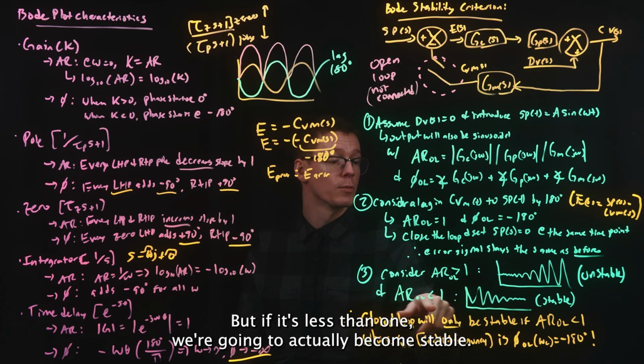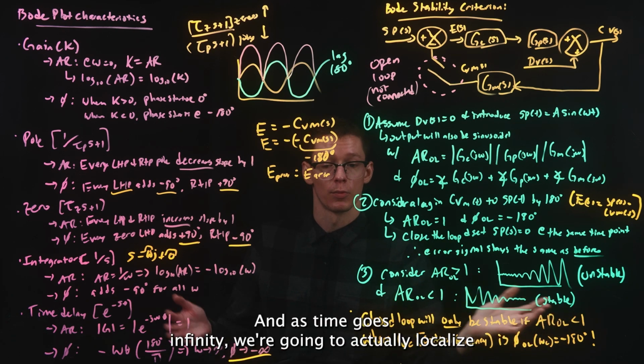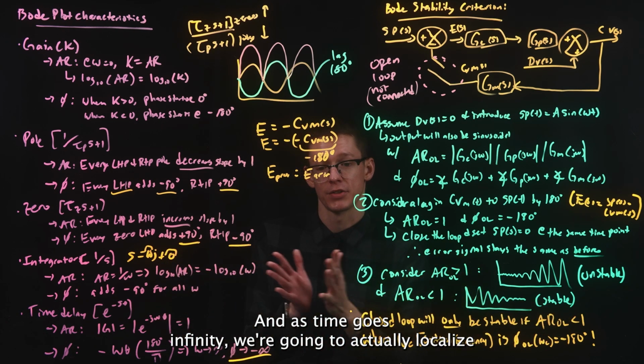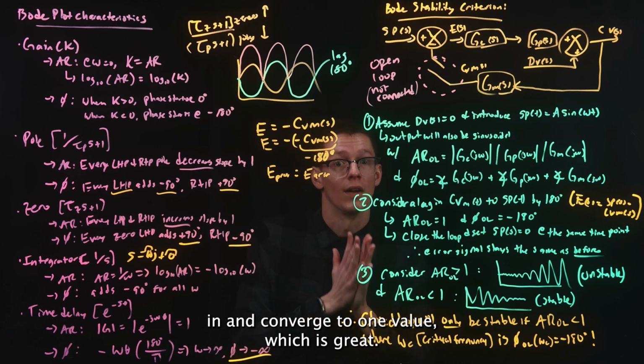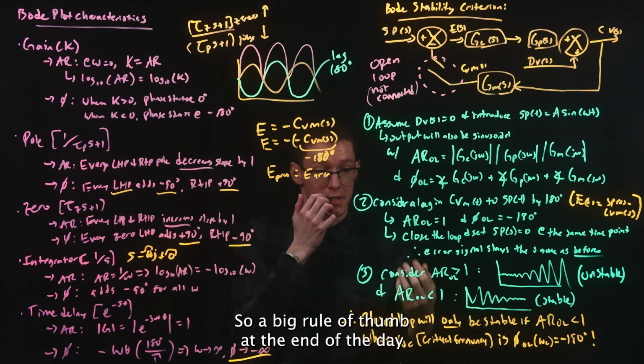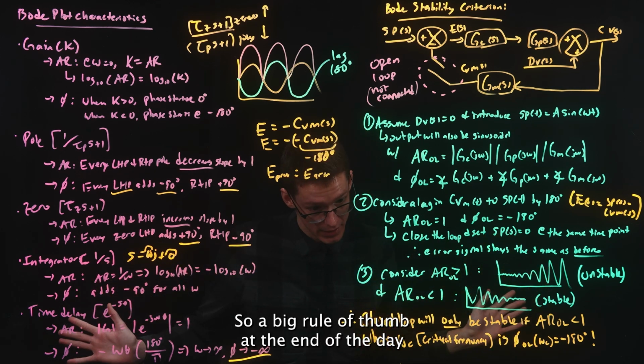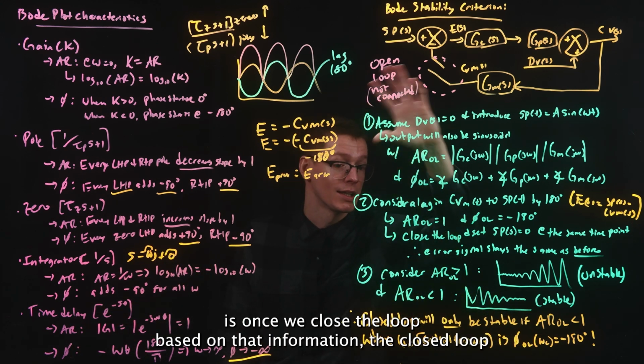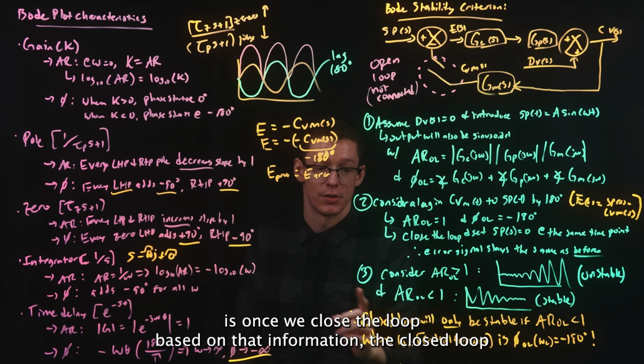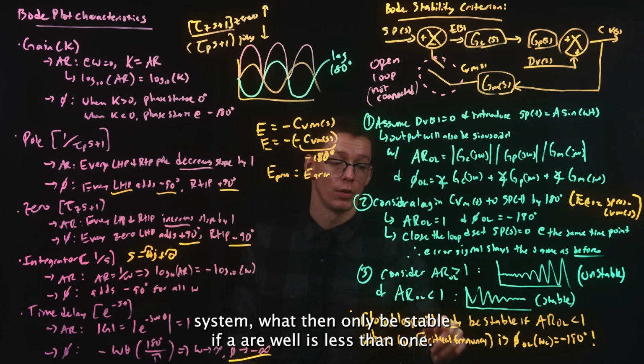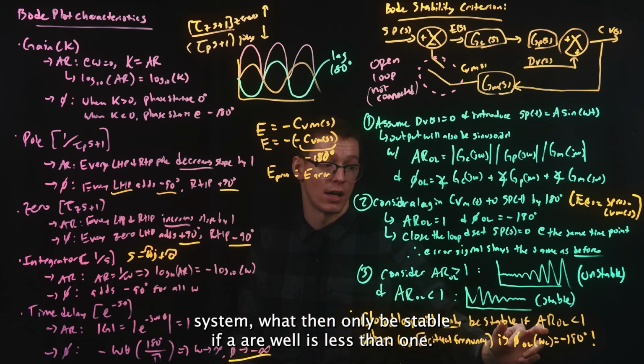But if it's less than 1, we're going to become stable, and as time goes to infinity, we're going to localize and converge to 1 value, which is great. So a big rule of thumb at the end of the day is that once we close the loop, the closed loop system will only be stable if AROL is less than 1.